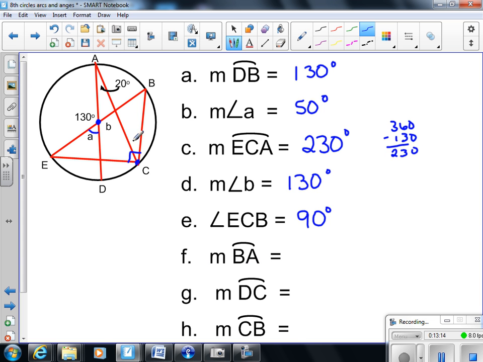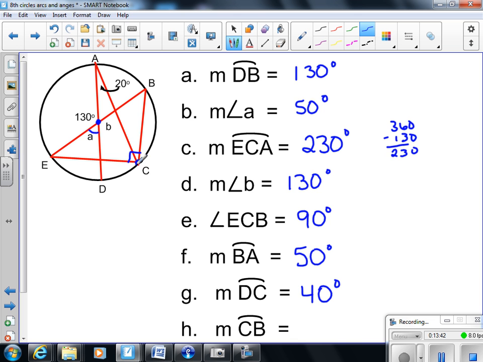What's the measure of arc BA? If we know the central angle is 50 degrees, then its arc is going to be 50 degrees. Good. What about the measure of arc DC? Here I know the inscribed angle is 20, therefore what does this arc measure? Good, 40 degrees. And the last one, the measure of arc CB.